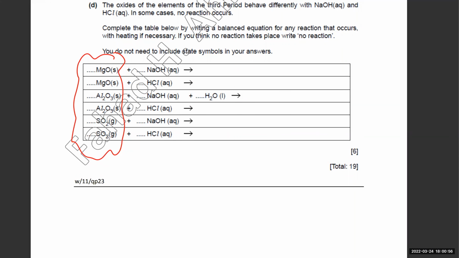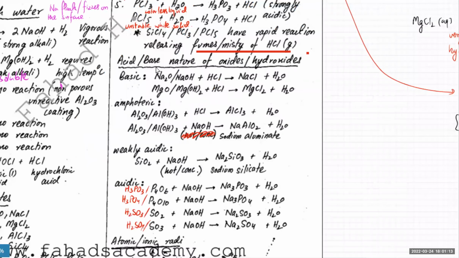So MgO is going to be a base, so it will not react with NaOH. That is not going to happen. It will definitely react with HCl. It will form MgCl2 plus H2O. That is what's going to happen. Aluminium oxide, on the other hand, is the one that is amphoteric. It will react with both HCl and with NaOH. It would form aluminium chloride, and in the other case, it would form sodium aluminate.